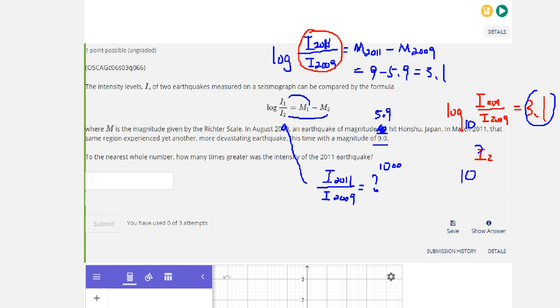So 10 raised to the power 3.1 equals I of 2011 over I sub 2009. Now that's what you need. You can quickly get this answer from your calculator. But your problem is going to be 6.1 instead of 5.9. Hopefully this gives you the hint to complete this problem.